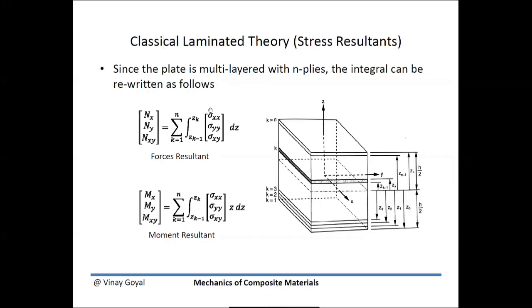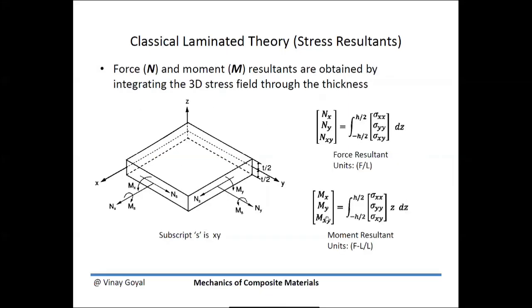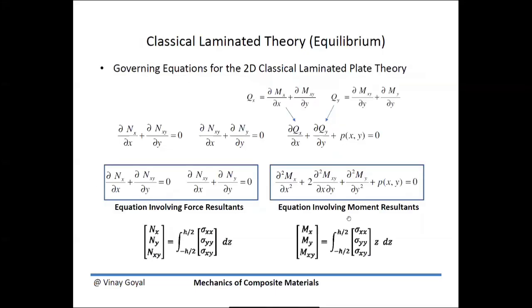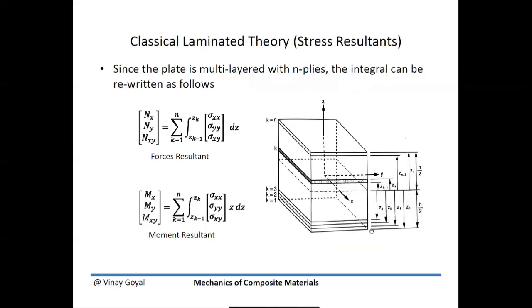Now, that's for the force resultants. For the moment resultants, very similarly, as you saw here, this integral of the stress quantities is multiplied by z. So these integrals will be broken up into small integrals that correspond to each ply. So the integral for the first ply, second ply, and so forth. And I have n plies, so that's why I have a summation here. Take an example: the second ply goes from z1 to z2.